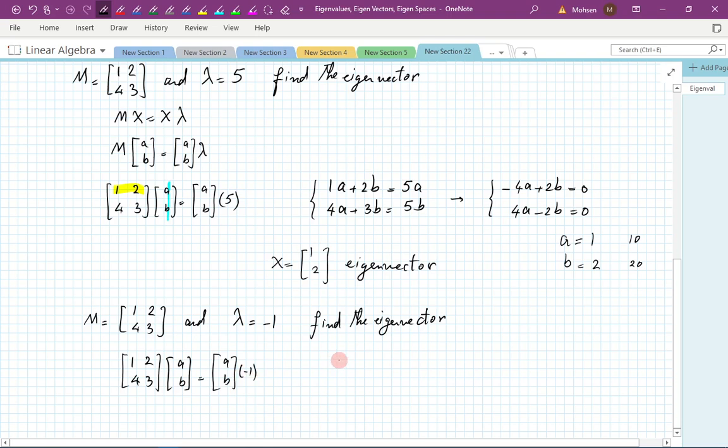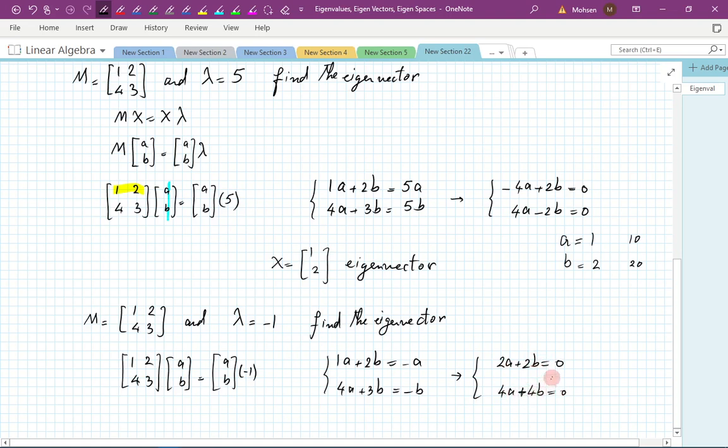So I write again 1a and 2b, and the right hand side is -a, and then 4a plus 3b, and the right hand side is -b. That's my equation. I bring everything to one side. I get 2a plus 2b equal to 0, and 4a plus 4b equal to 0.